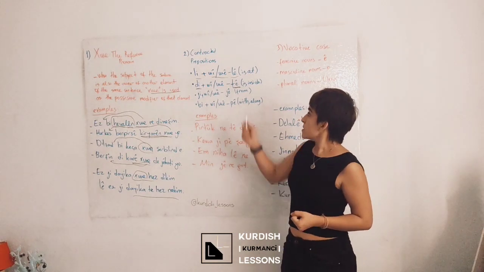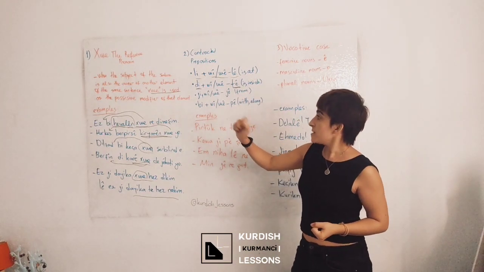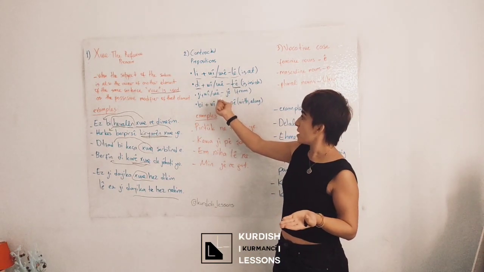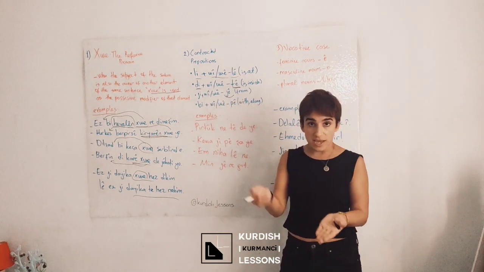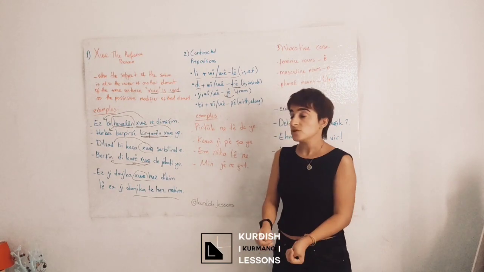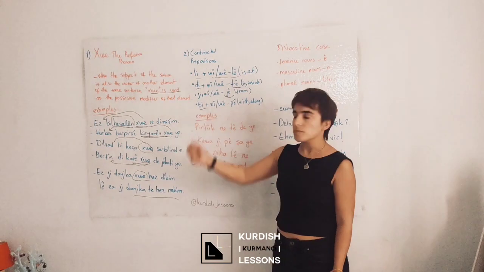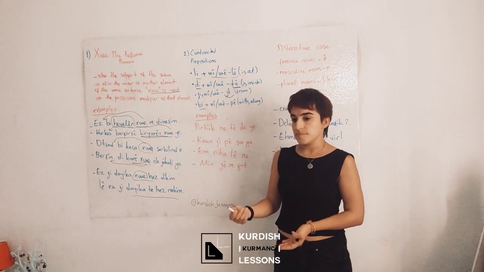And we have "di ... de", it becomes "tê". Tê means in or inside. And we have "ji", it means from, but if we say "ji wê", "ji wî", it will become "jê". If you want to use this shorter version, it will be from. And we have "bi", normally "bi" is with, for stuff.